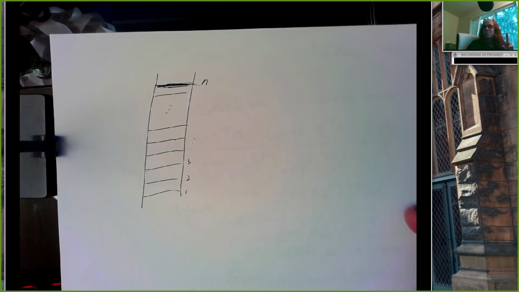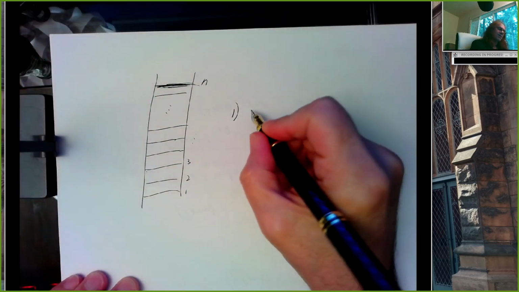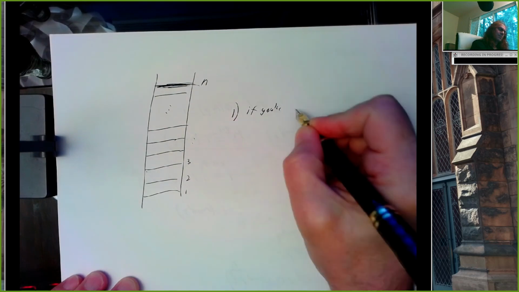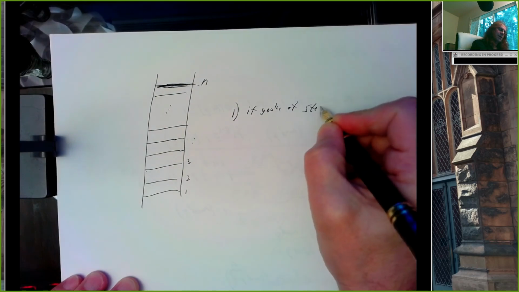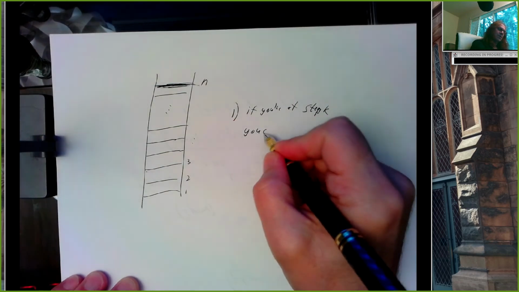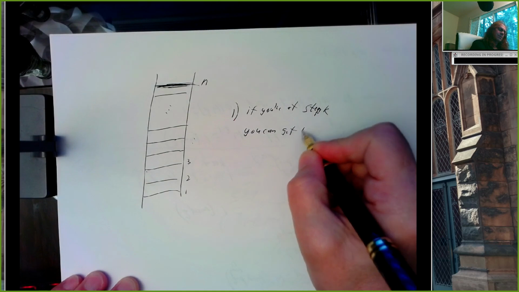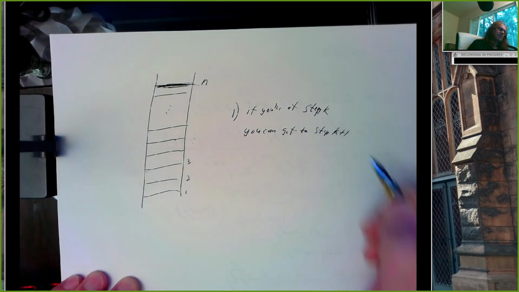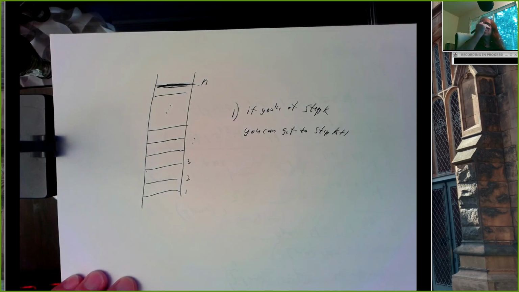And to answer yes, we only need to know two things. The first thing is, if you're at step k, you can get to step k plus 1. That's the first requirement. You got to be able to go up one more step.